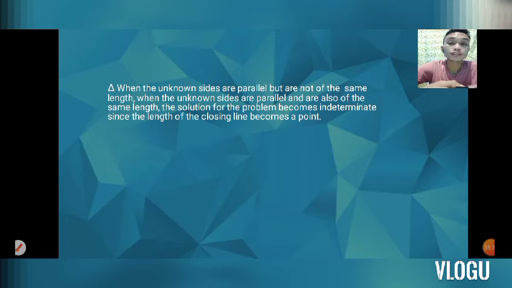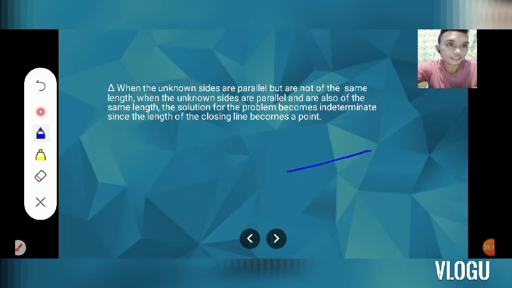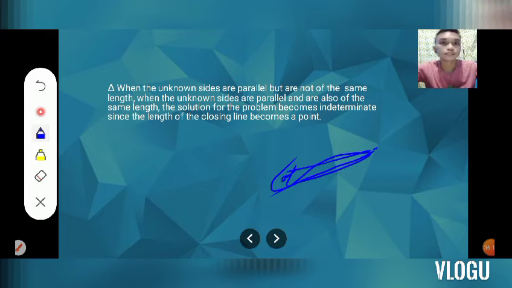If your closing line becomes a point, for example, the representation from here becomes a point, then it is no longer a triangle. It becomes a straight line instead.